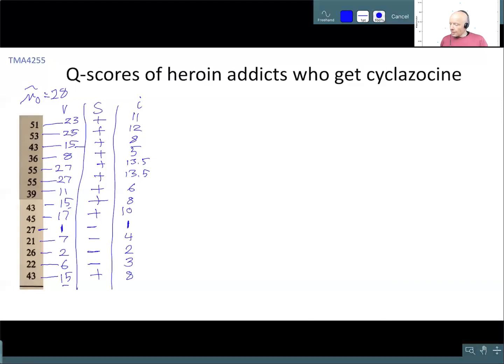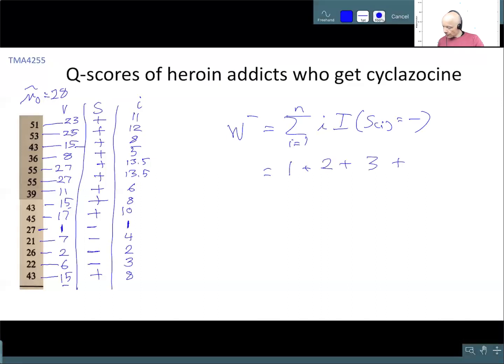And based on this, we can now compute, say, W minus, which is the sum over all ranks, but the indicator for the sign should be minus. And there are only 4 minus, and they have scores 1 plus 2 plus 3 plus 4, which is 10.